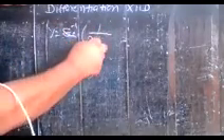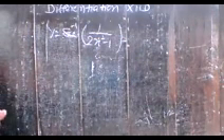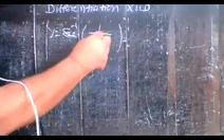Y is equal to sec inverse of 1 upon 2x square minus 1.